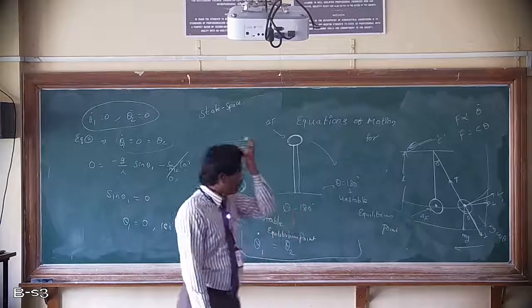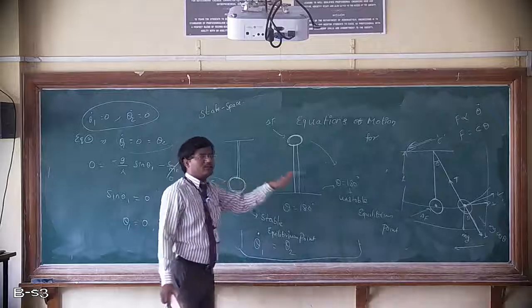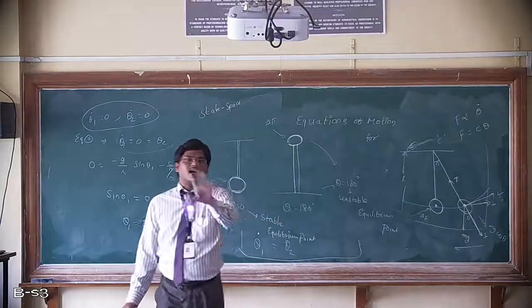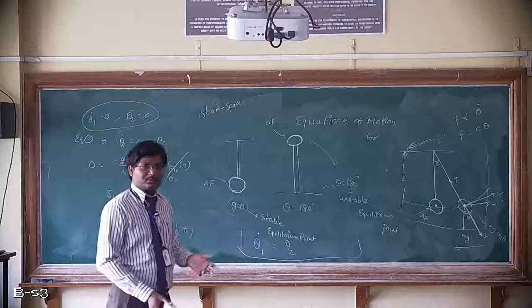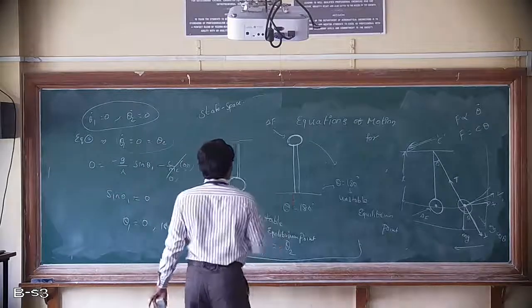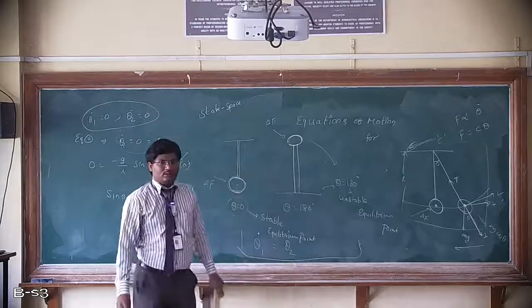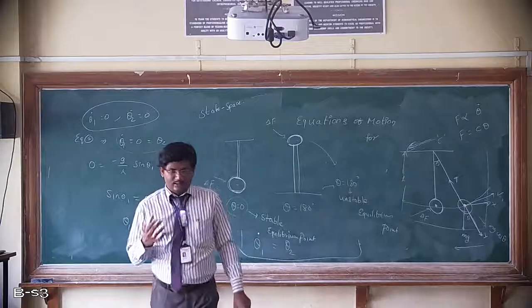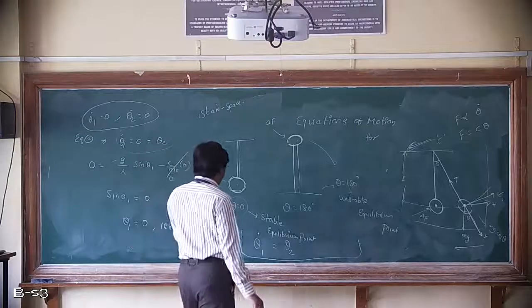Are you getting what I am saying? The major equilibrium points of fighter aircraft are unstable. Don't say fighter aircraft are unstable. So stability is the property of equilibrium points. Very, very important point.